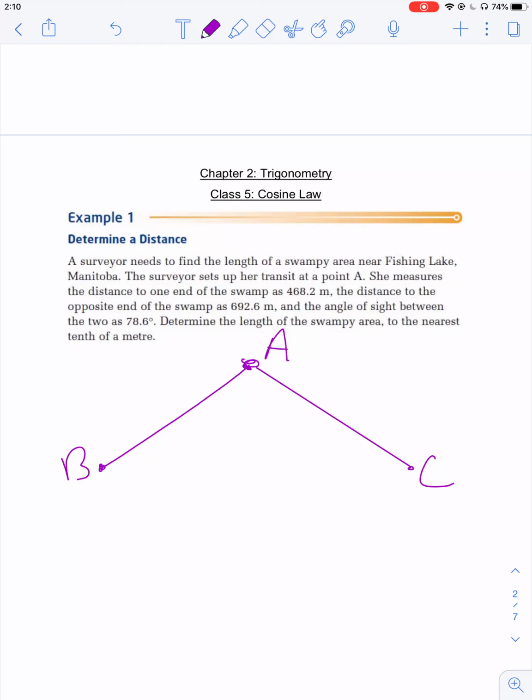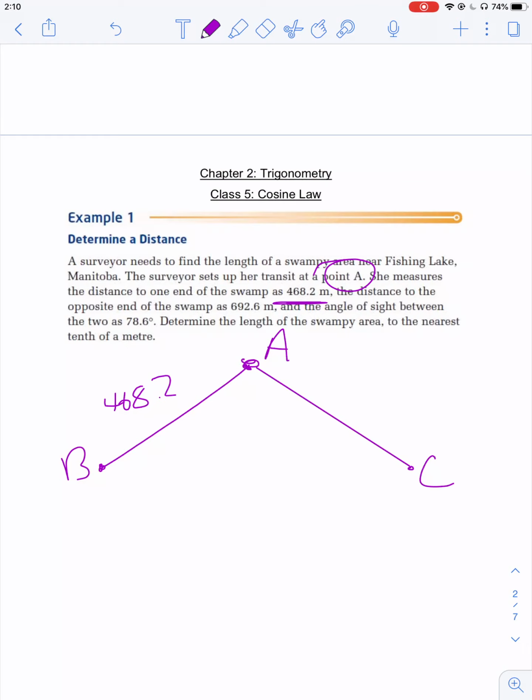And based on the information, the distance between A and B is 468.2. And then the distance between A and C, I'm just labeling this point as C. You could have chosen whatever letters you want.